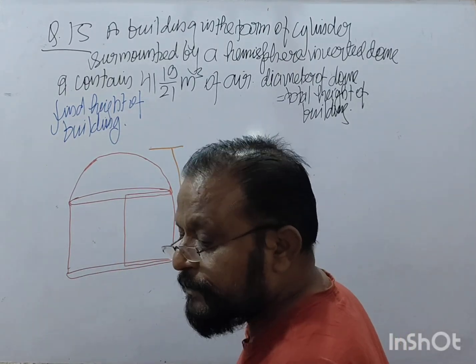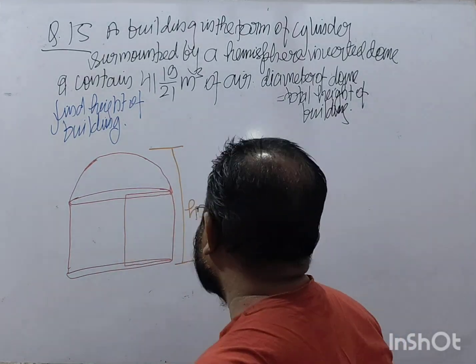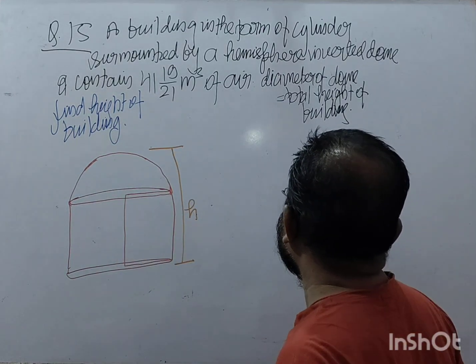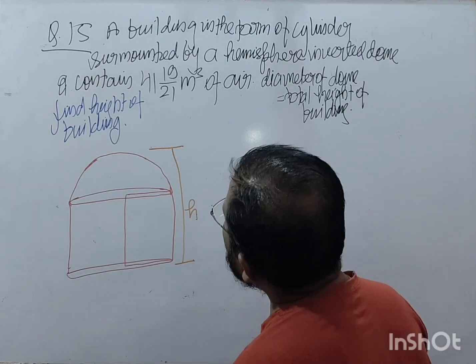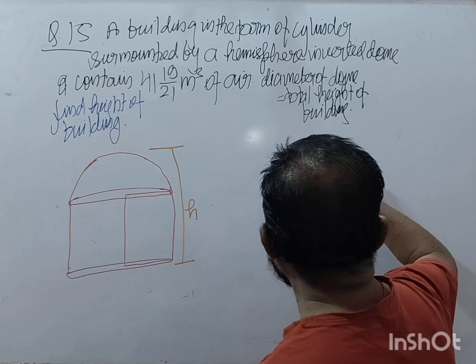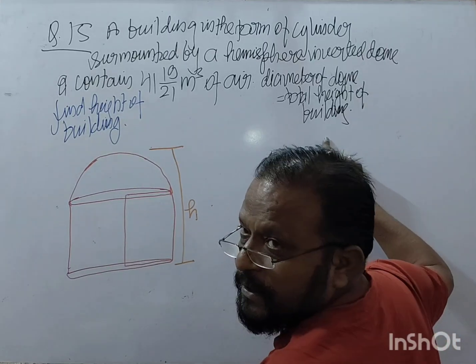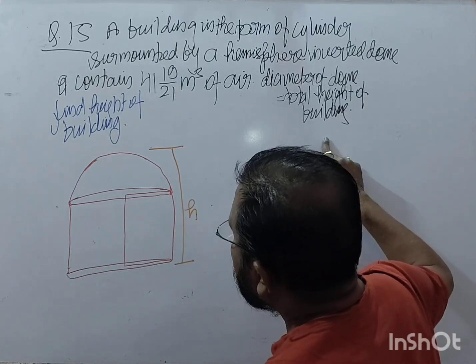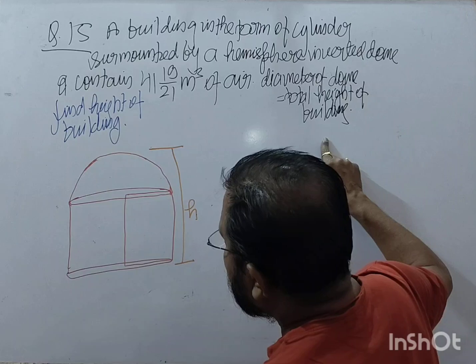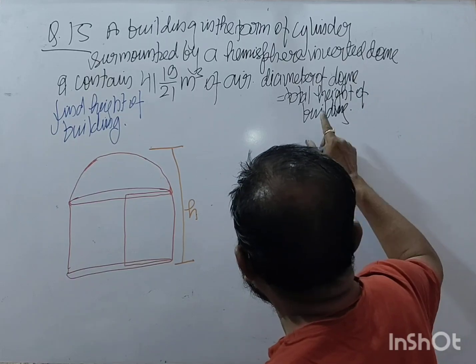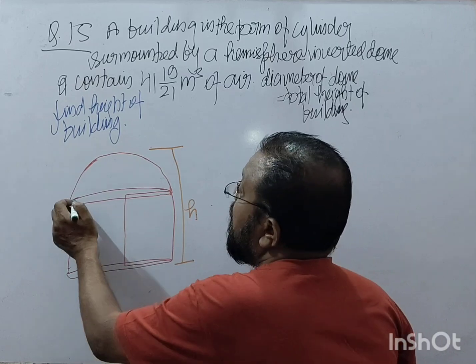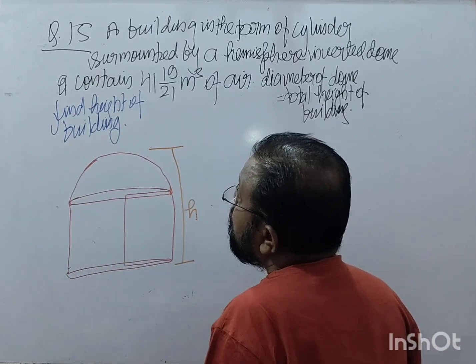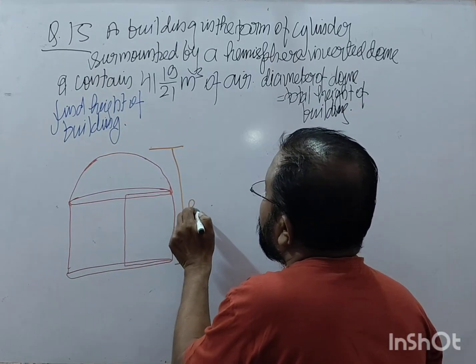And height of cylinder is equal to height of building. What did you read? Total height of building is diameter.